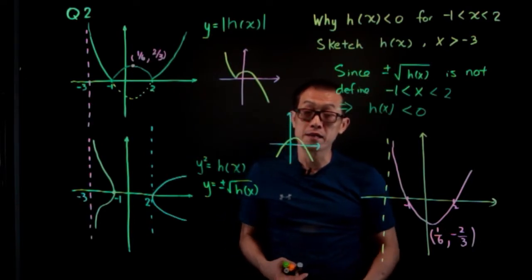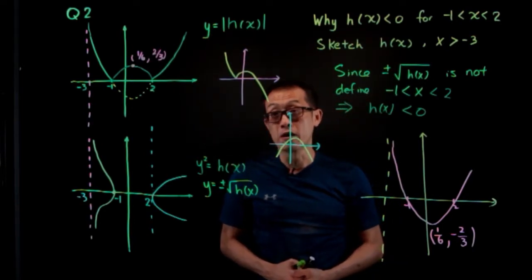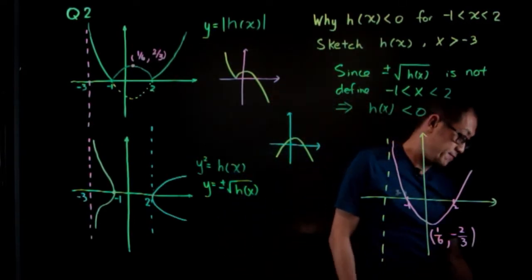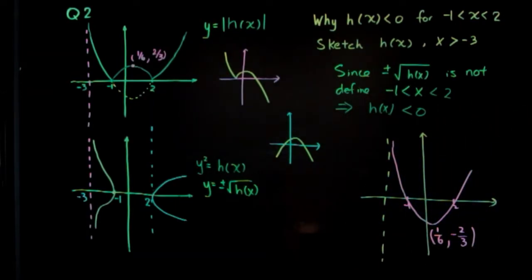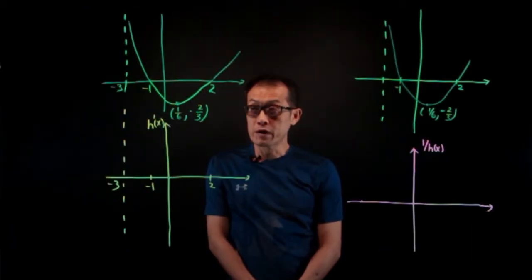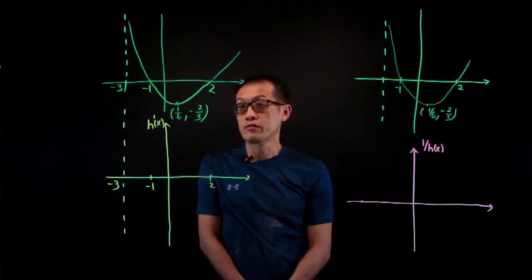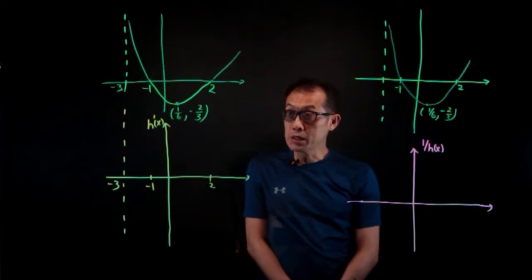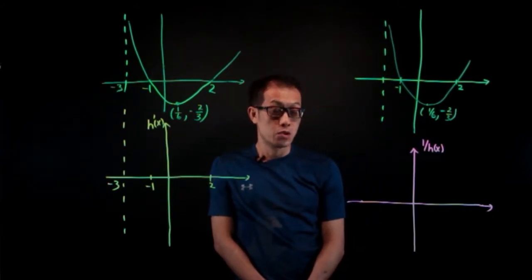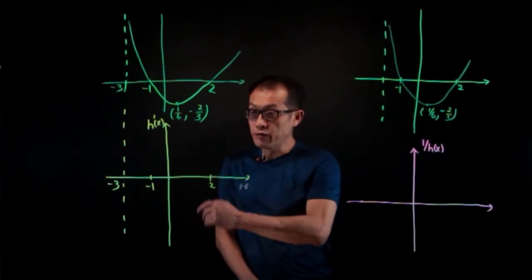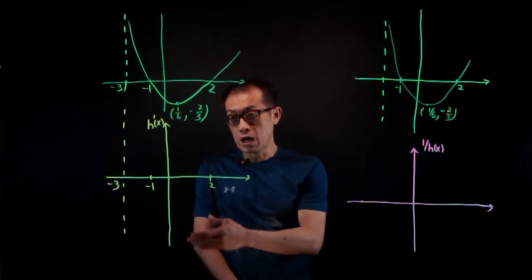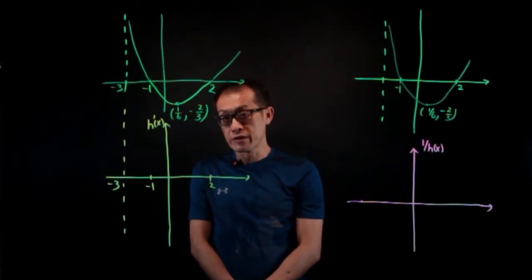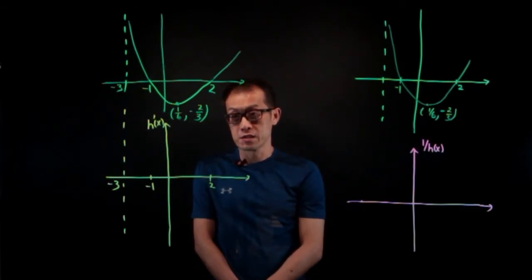For that, let's look at part B of the question. We have now come to part B of question 2. You are asked to give the sketch of h prime x, that means the derivative of h of x.